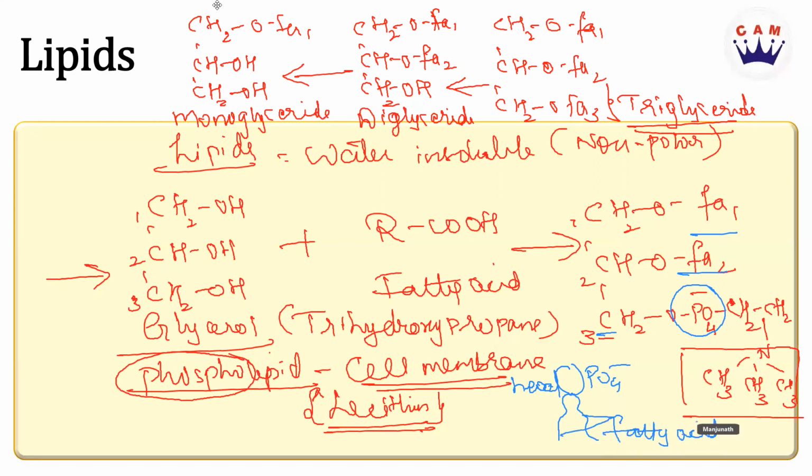Fatty acids attached to carbon 1 and carbon 2 are non-polar, whereas the head is polar. So this is the general structure of phospholipid with head and how many tails? Two tails. Only the head is polar, tails are non-polar. Hope it is clear.